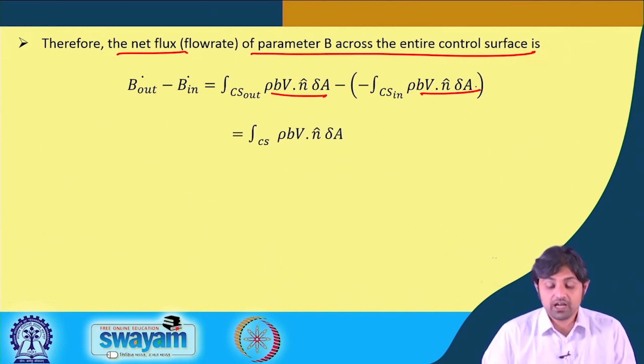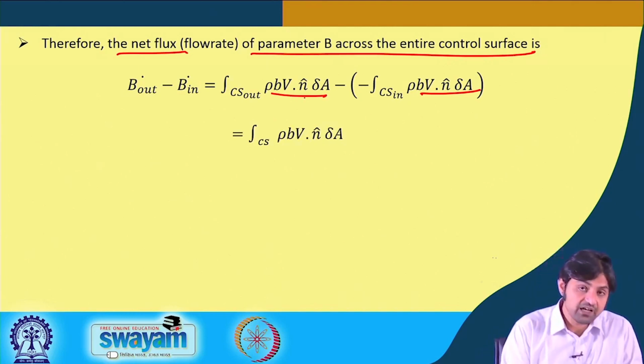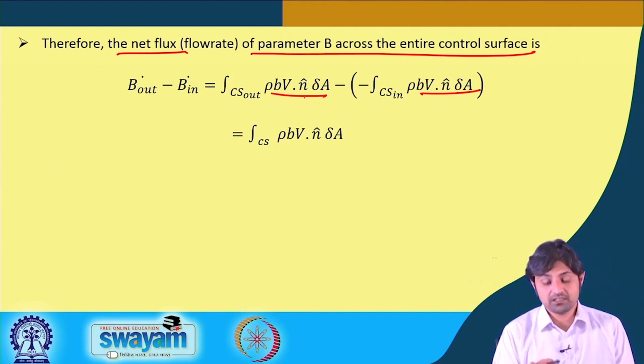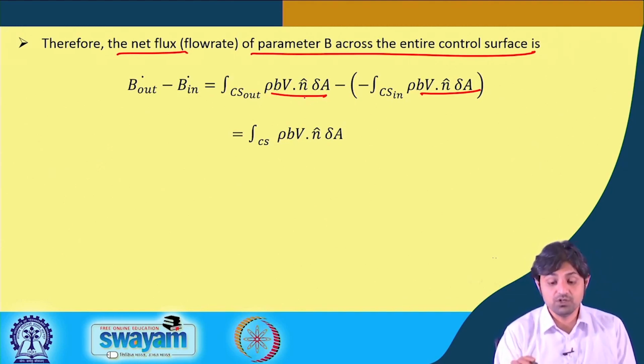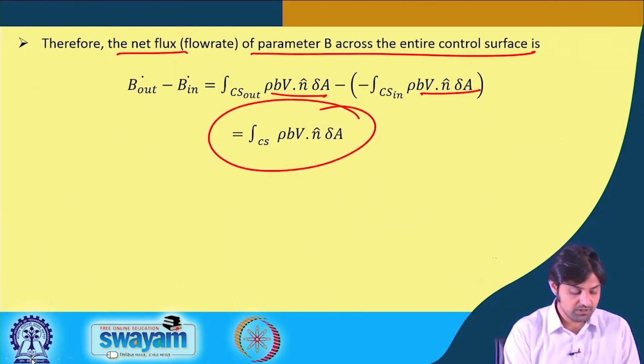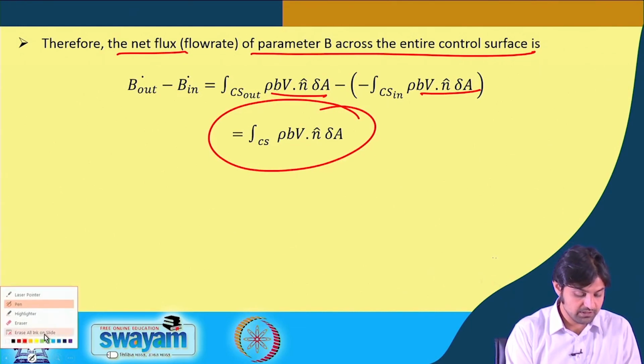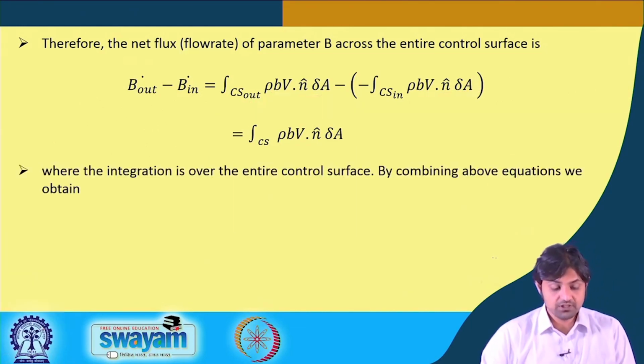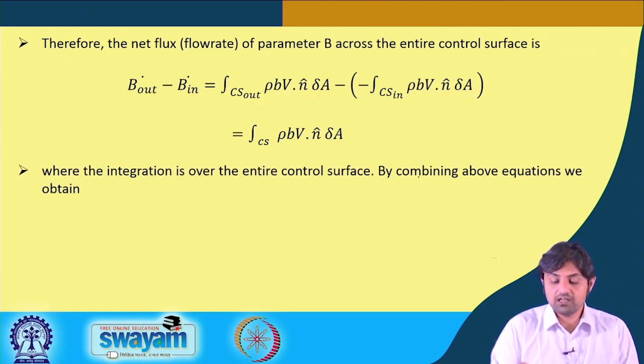Or we can also write it over the entire control surface, because at other places this component is 0. There is only a contribution at outflow and inflow, which can be taken care of by this expression. So this is where the integration is over the entire control surface.